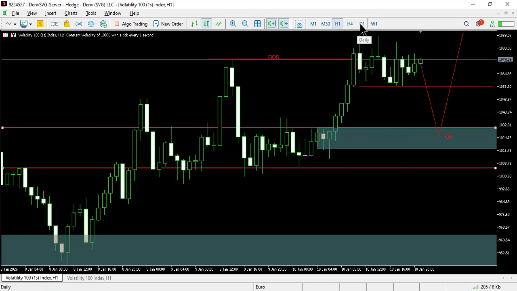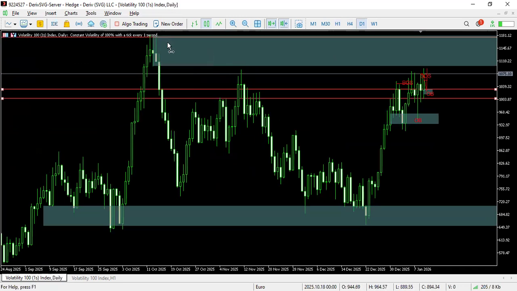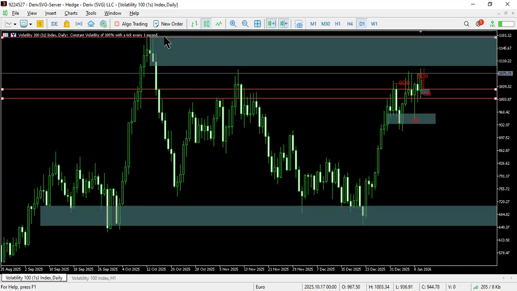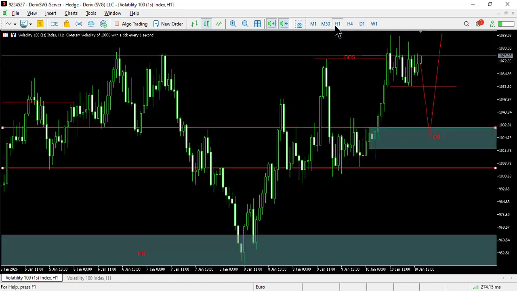because all my levels are not visible on the H1, I will go ahead and use the daily time frame. So go ahead and place a buy limit on volatility 100 with your entry price at 1031.04 with your stop loss at 1005.69, and then you take profit at 1141.19.